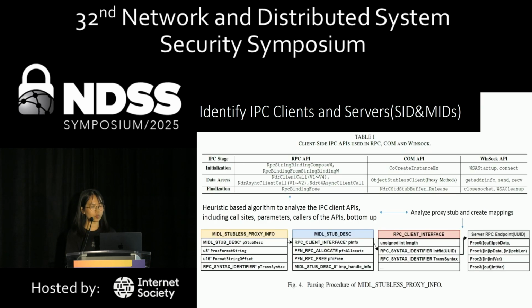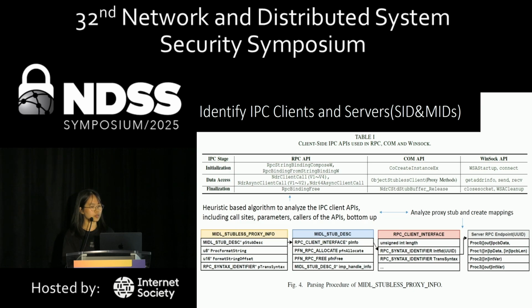To achieve this, we first analyze key IPC APIs related to Windows. As shown in Table 1, our task is to locate the call sites of these APIs in Windows binaries. We use a heuristic-based method to analyze the IPC client APIs, including their call sites, parameters, and callers.